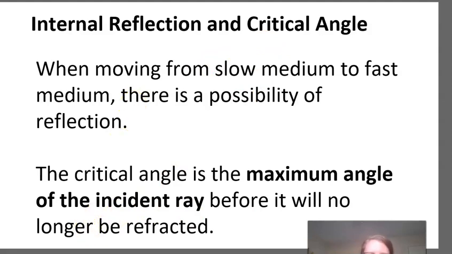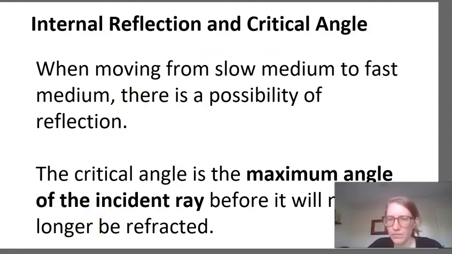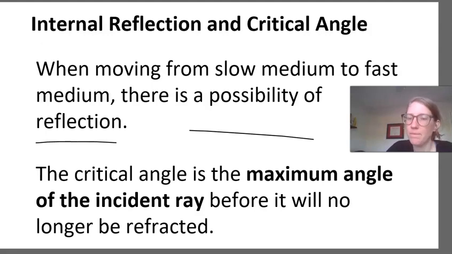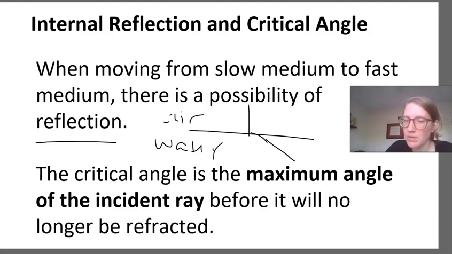So moving from a slow medium to a fast medium, there's a possibility of reflection, where reflection is bouncing off of something. So if you have water and air, and let's say you have a laser underneath the water and you're trying to get it out of the water and into the air, there's a possibility of some backfiring or some reflection bouncing off of that boundary between the mediums.